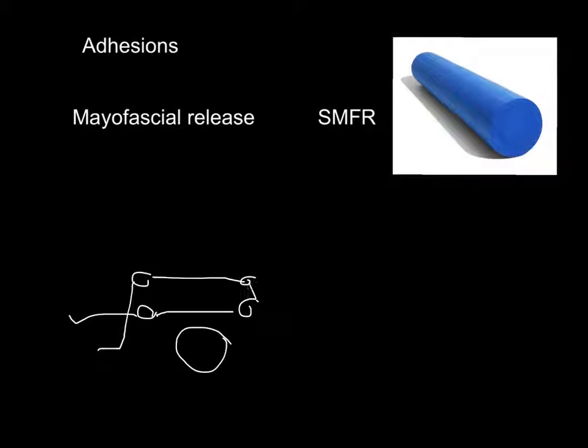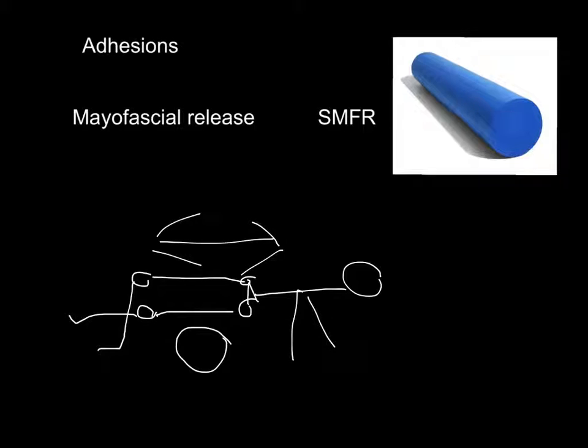You'll see people rolling along their side, back and forth across their muscles, basically breaking up these adhesions and allowing their muscle tissue to move through a full range of motion.